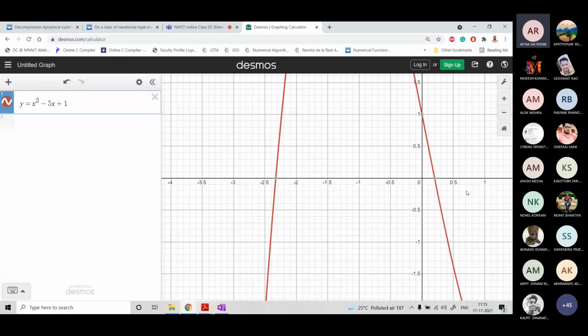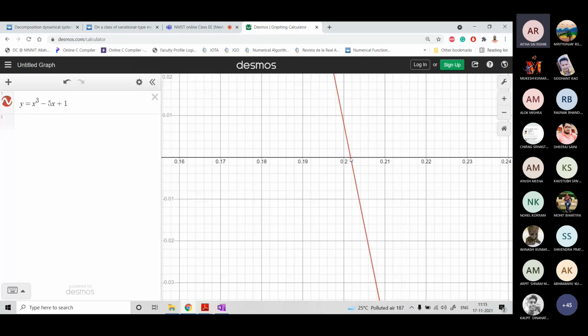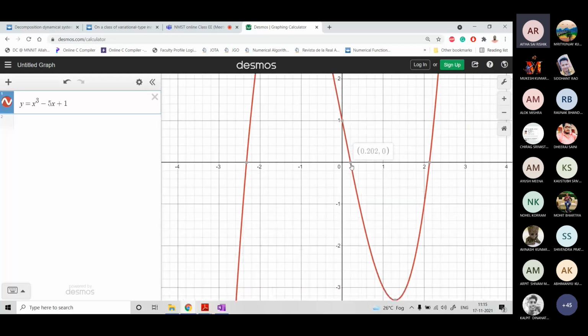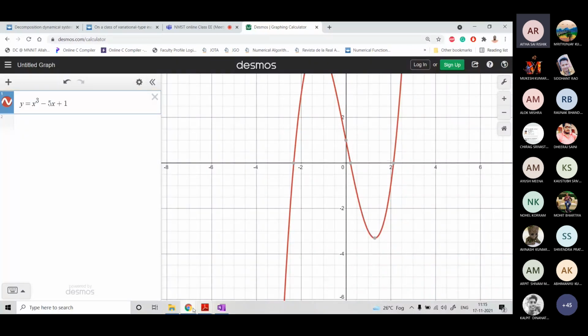What is the root here? Look at the screen and tell me. What is the root between 0 and 1? 0.2016. The other roots are one less than minus 2 and another greater than 2. So we want to find the root in the interval 0 and 1. We have mentioned it specifically.